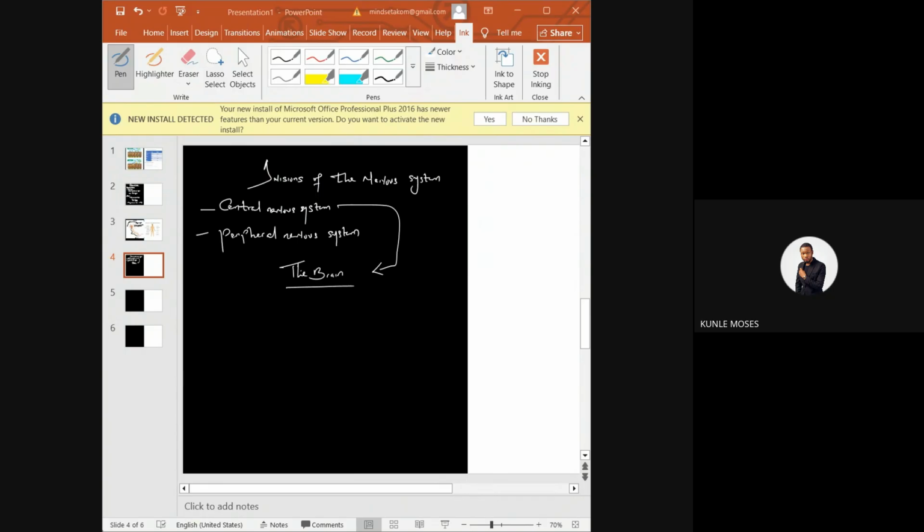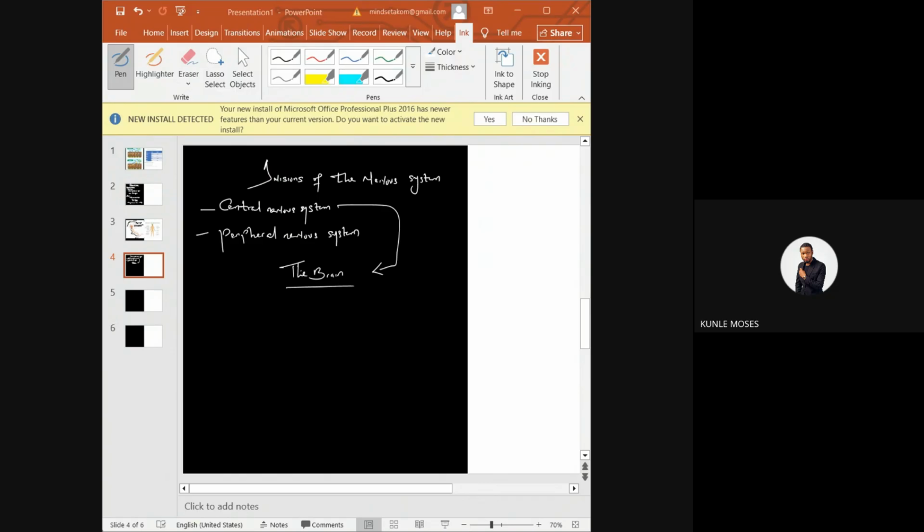It also helps to process sensory information. All the organs that can detect a stimulus, the brain helps to process it, like the eyes, the ears, the nose, the skin, the tongue. The eyes are for sight, the ears for hearing, the tongue for tasting, the nose for smelling, the skin for touch.